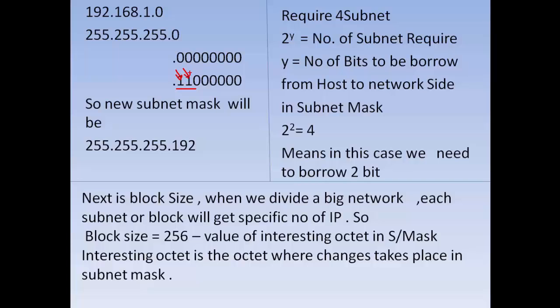So I can also find the block size from the last bit borrowed. The last bit borrowed is this particular bit, and its value is 64. So we can calculate the block size in these 2 ways. Okay, hope it's clear to you. Both methods are clear now. If you still have any doubt, you can write to me in the comments, and I will try to explain again or reply there.